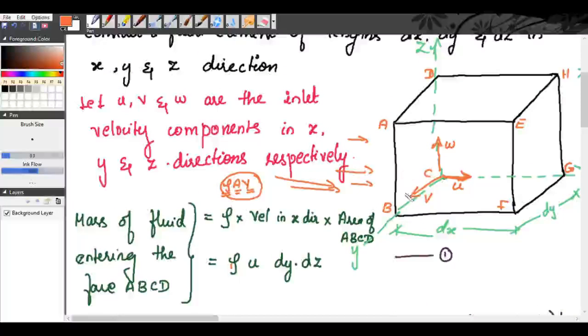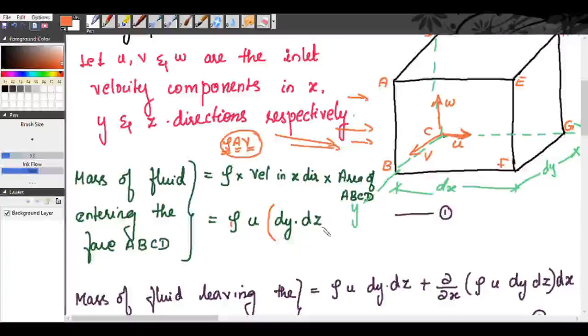For this phase ABCD, the area is dy into dz.